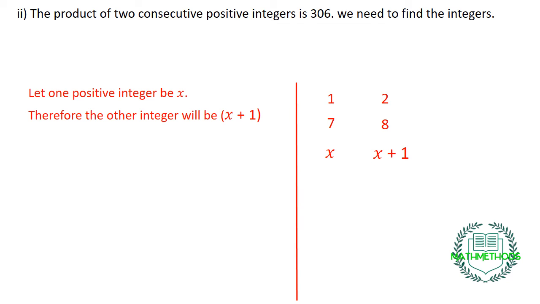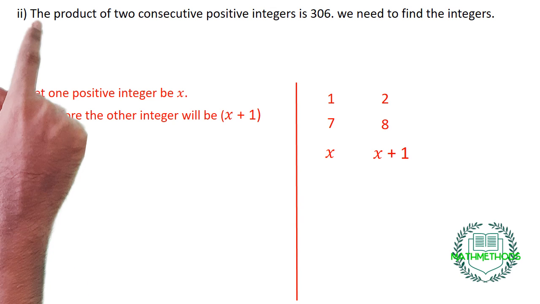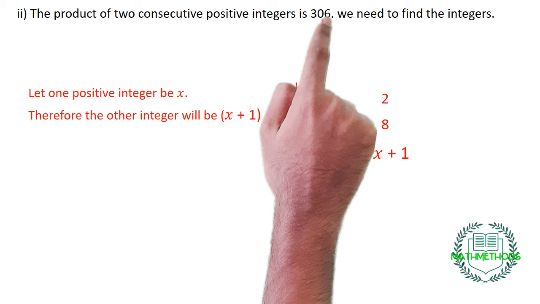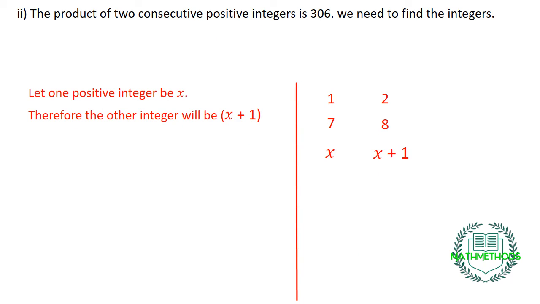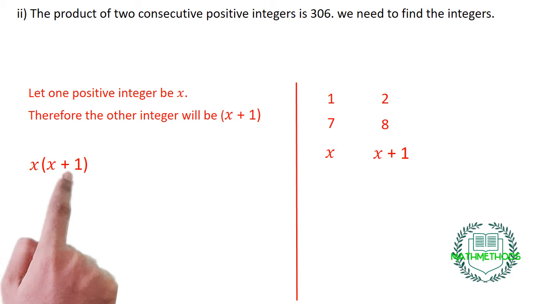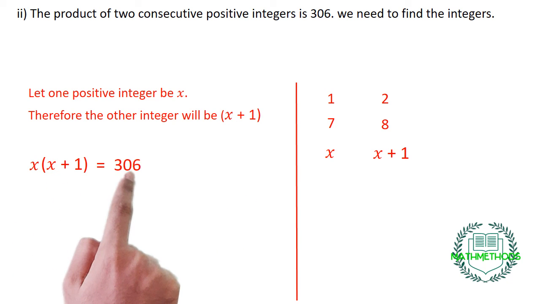Now the situation we are given here is the product of two consecutive positive integers is 306. This means this integer x multiplied by the other integer x plus 1 gives us 306.